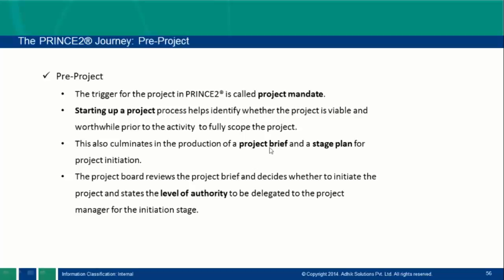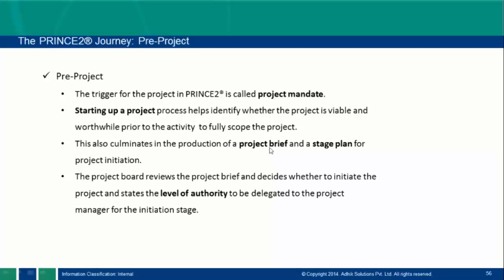So this is the brief that we will create after the mandate. After refining the mandate, we will create the brief in startup and a stage plan for the project initiation. My next stage is initiation, so I will create an initiation stage plan here.